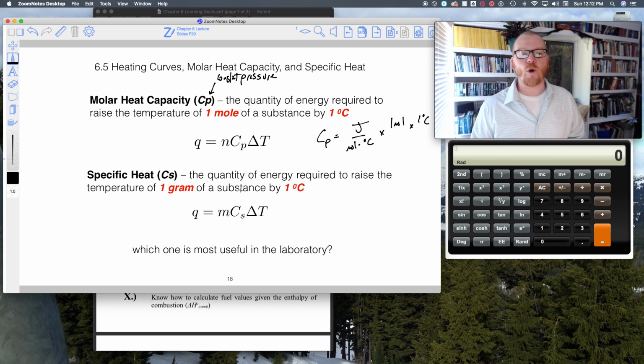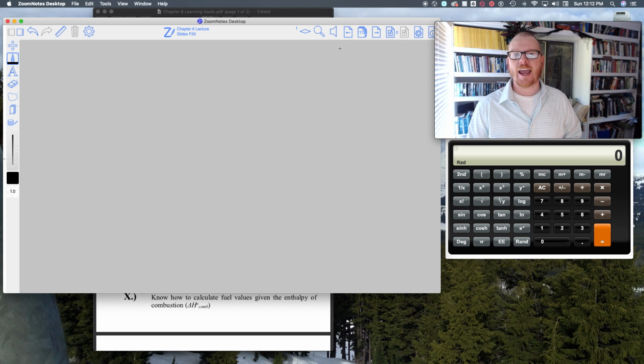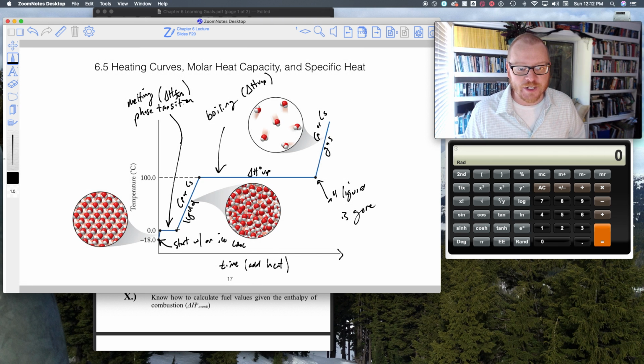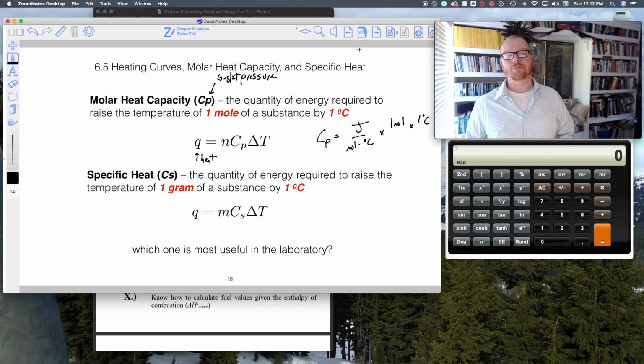So now this formula that we use, okay, so we note that Q is heat. So how much heat does it take? So basically what we're now interested in, right, is this curve. How much heat does it take to increase the temperature of a material?